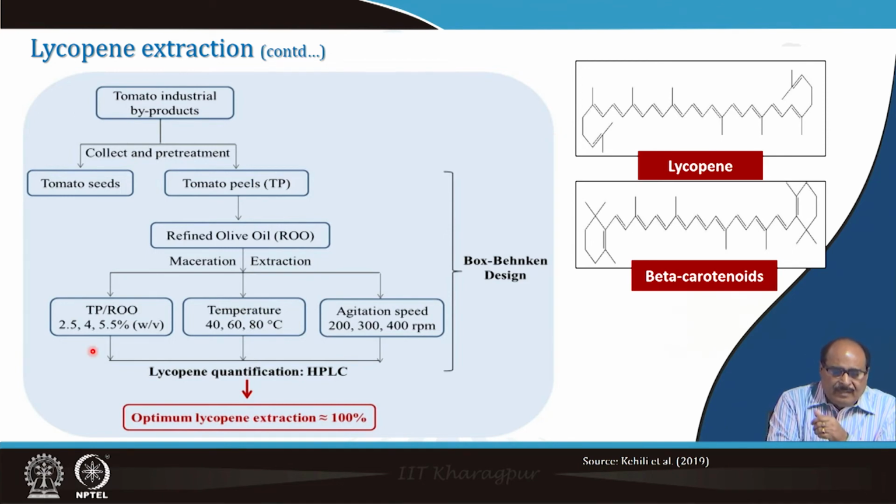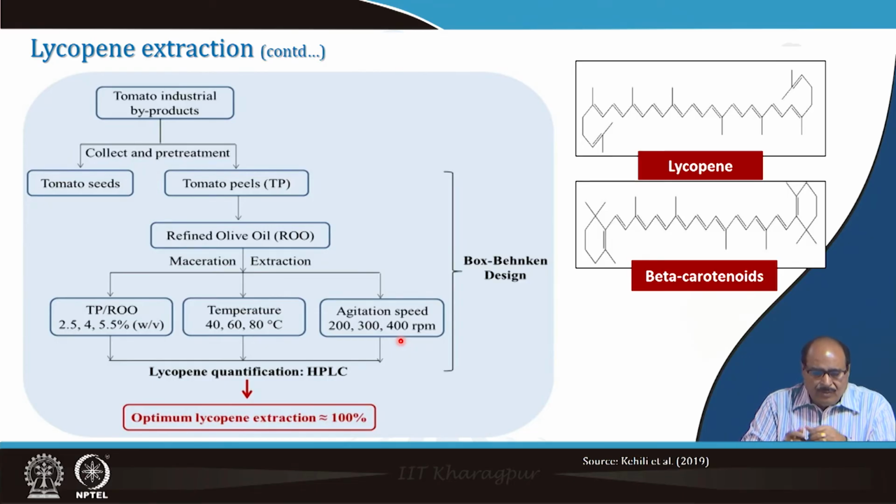Then the TPP and RO level, temperature, and even agitation speed, various combinations and permutations in these ranges are used, and finally the process parameters are optimized for better recovery and yield of lycopene extraction, and for some parameters they have reported almost 100% recovery.